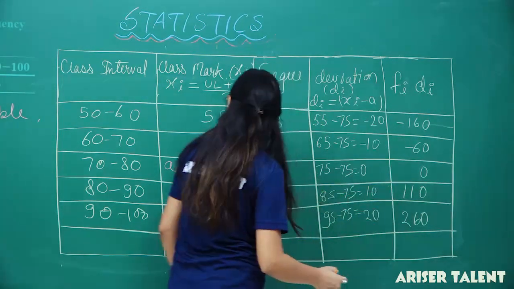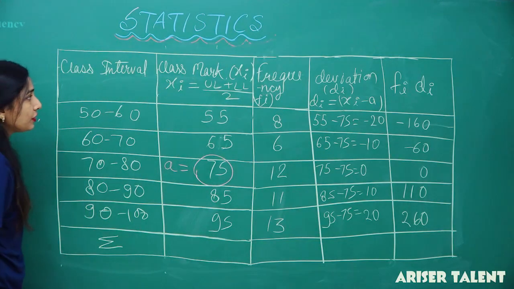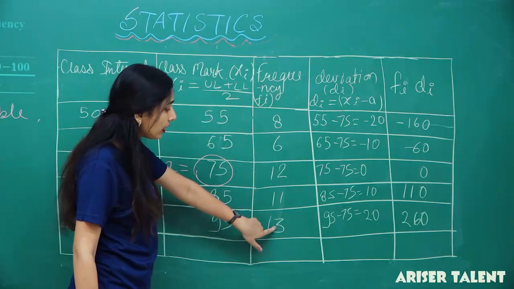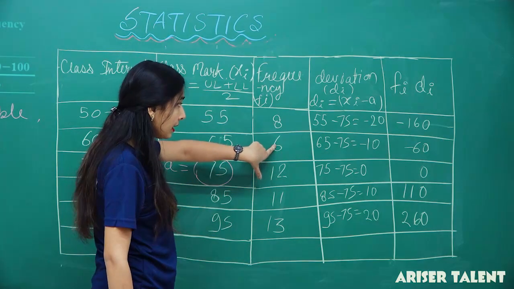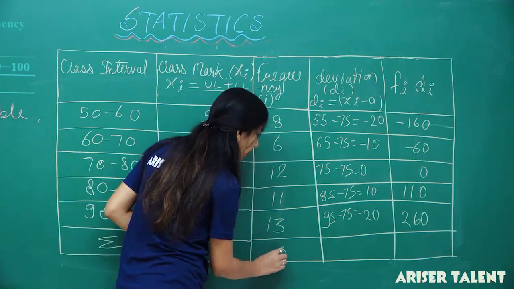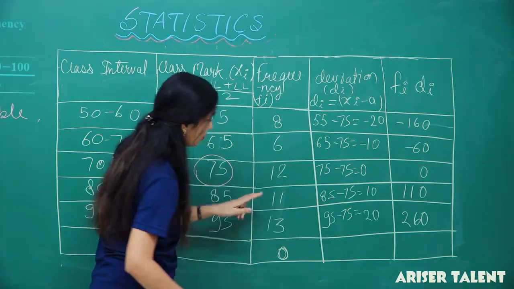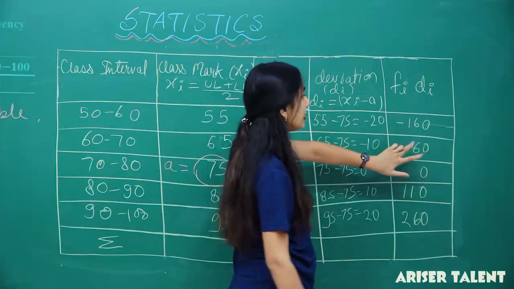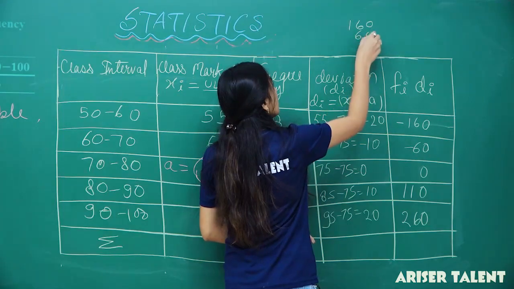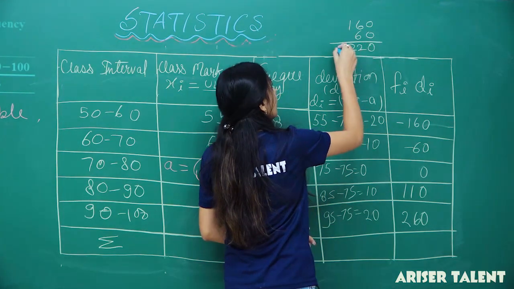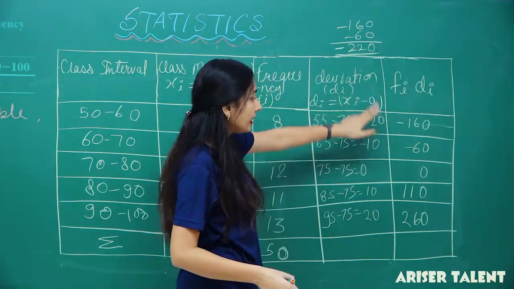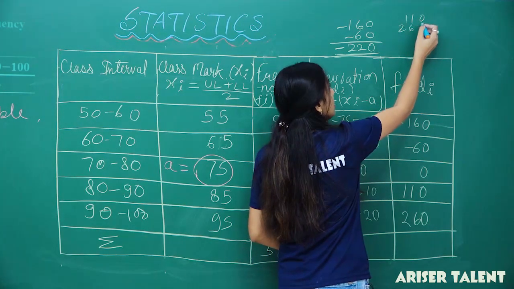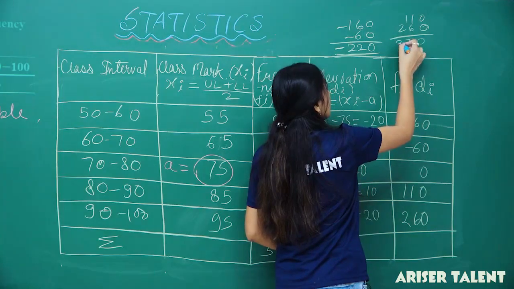For the summation, here is the sign of summation. We are concerned first with the sum of the frequency, fi. Summing it up: 8 and 12 is 20, so 0 and carry forward 2, and we get 50. Now for fi di: minus 160 and minus 60 gives minus 220, and plus 110 and plus 260 gives 370.